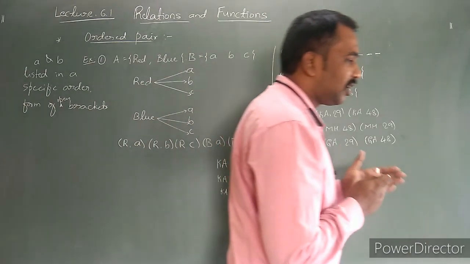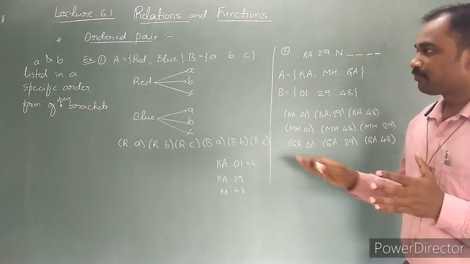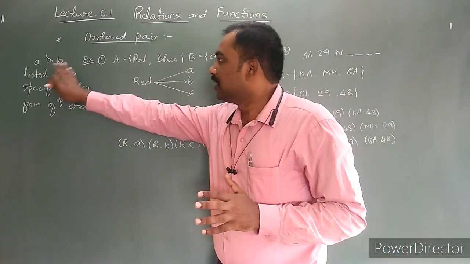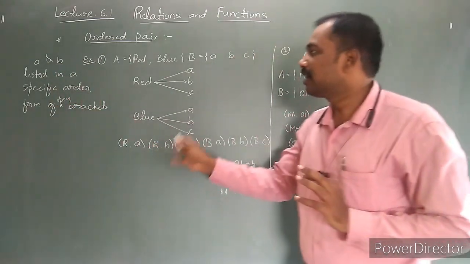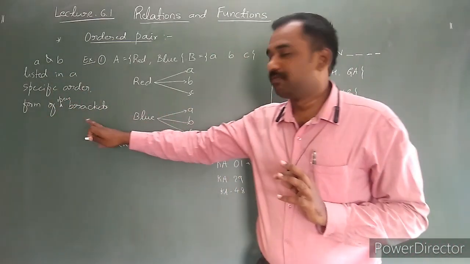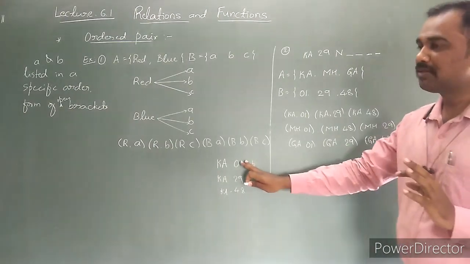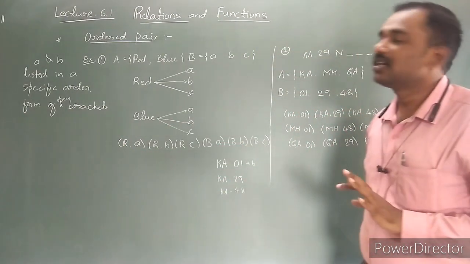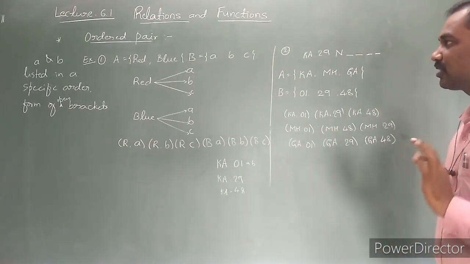Finally, what is an ordered pair? An ordered pair is nothing but two objects listed in a specific order and written in the form of an open bracket. That we can say is an ordered pair. Ordered pair is very clear.